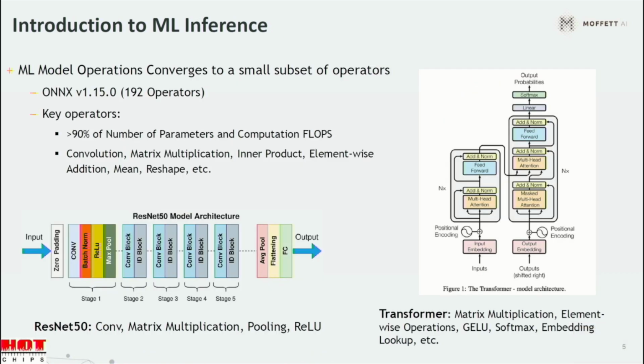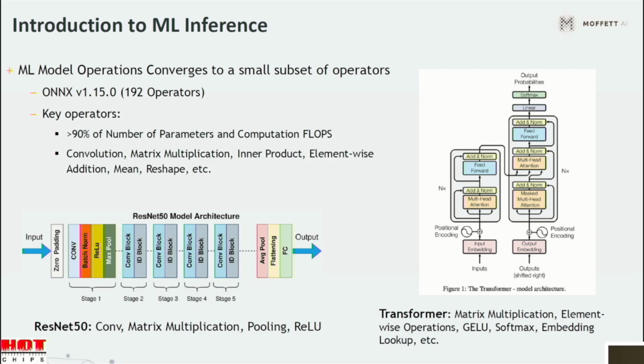So let's go into a little bit of detail on the machine learning inference. The machine learning model operations, as I have mentioned previously, have converged to a small subset of operators. In the latest ONNX library, it has 192 operators, so it's a very small set of operators.